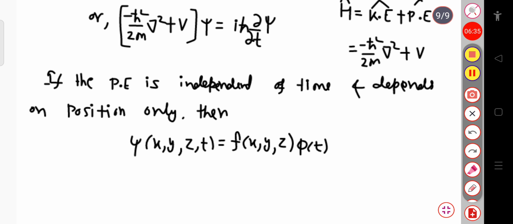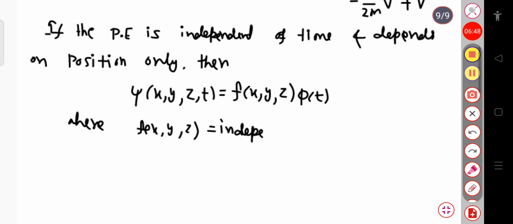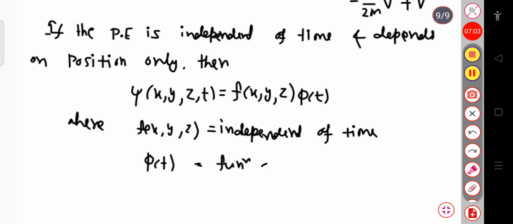Here f of x, y, z is independent of time, and phi of t is a function of time.